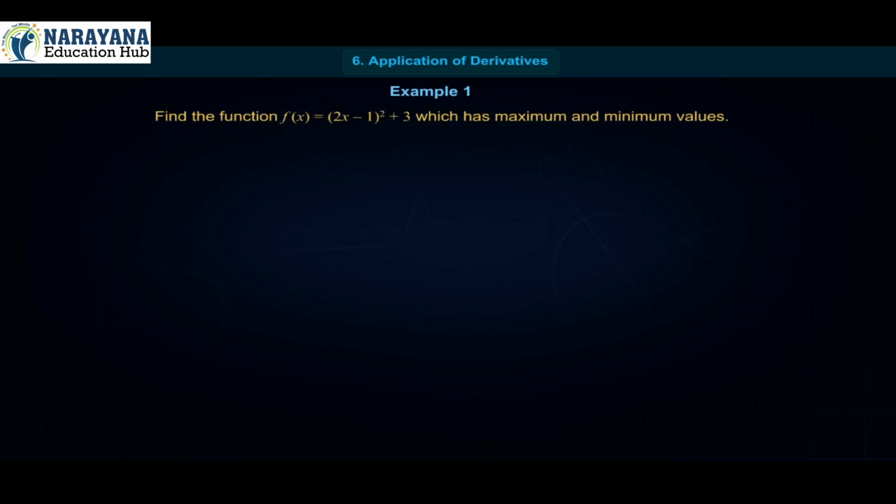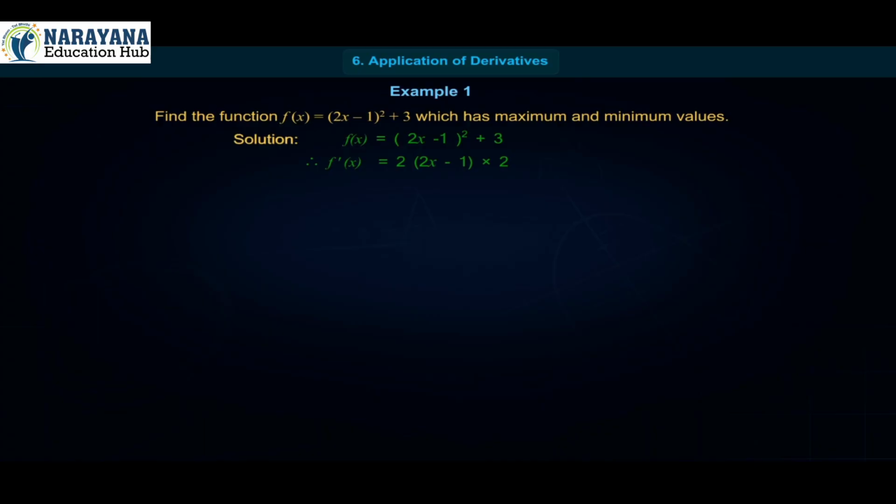Example 1. Find whether the function f of x equals (2x minus 1) whole square plus 3 has maximum and minimum values. Solution: f of x equals (2x minus 1) whole square plus 3.